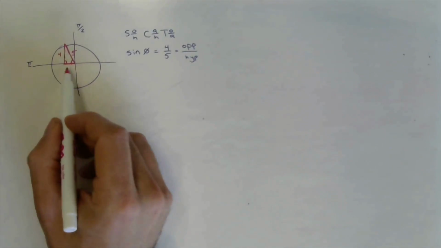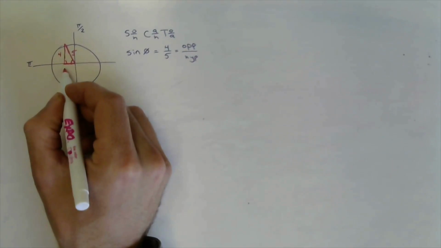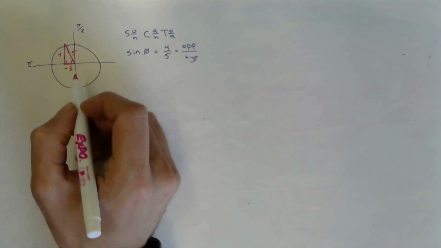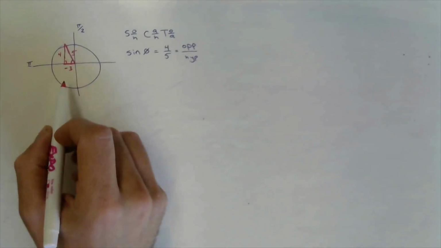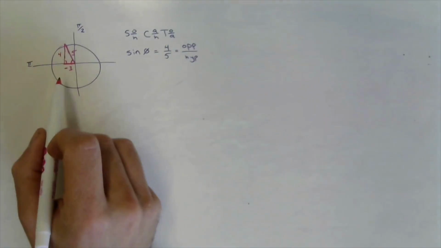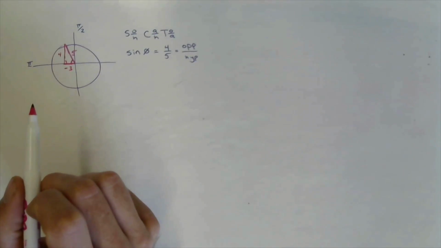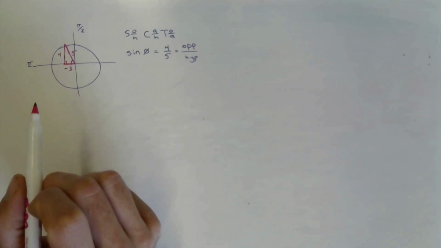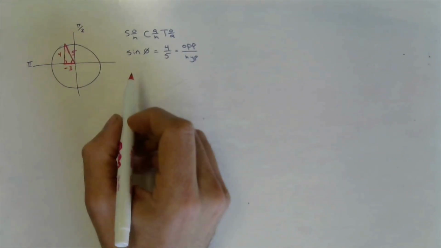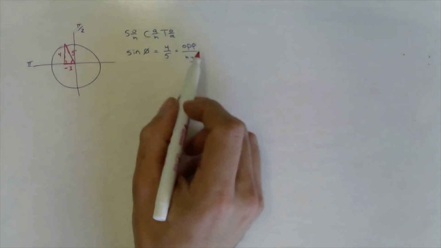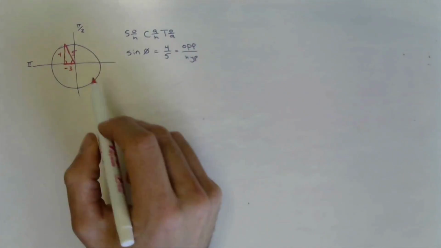And because I'm moving to the left of 0, I'm in quadrant 2. I know that cosine is going to be negative. Okay, so here's my 3 sides. And now I can find the value of the sine of 2x. So this work you might not even see that you need to do yet.